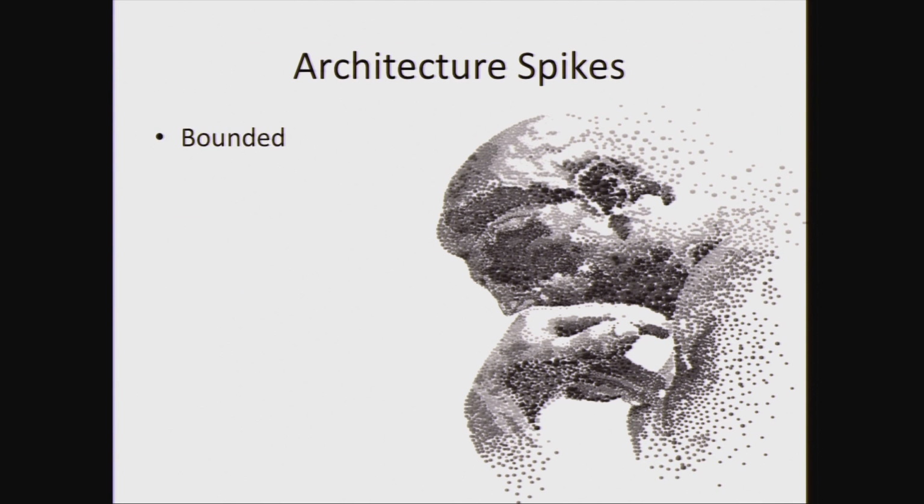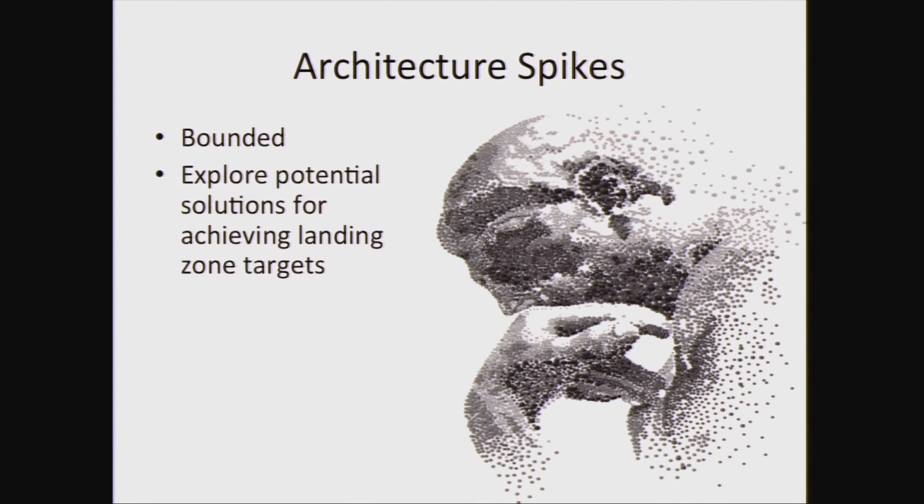Okay, so just want to talk about we talked about design spikes. I've been involved in teams where we've had to do architecture spikes. And what they are are bounded experiments that are slightly longer than this sort of free-for-all, don't know how to do a task. It's really exploring potential solutions for achieving targets.